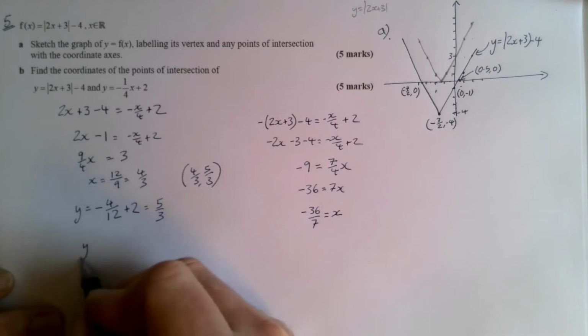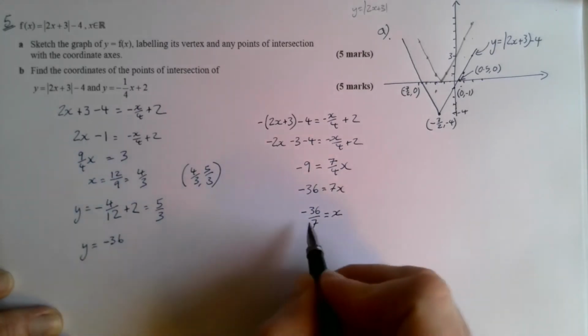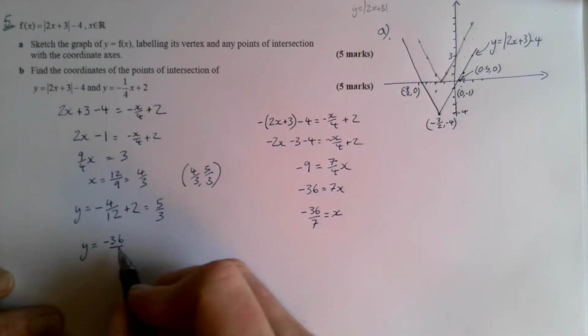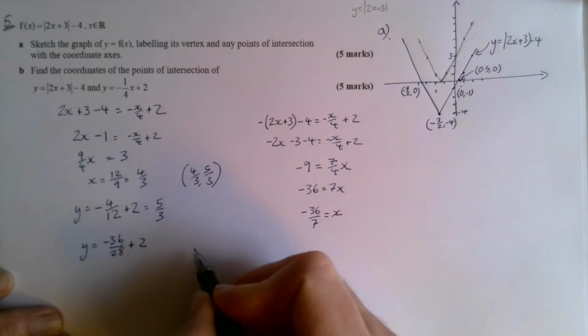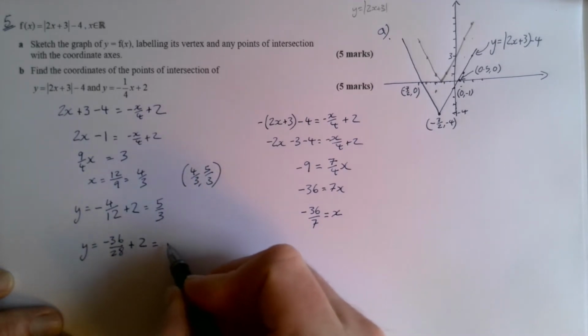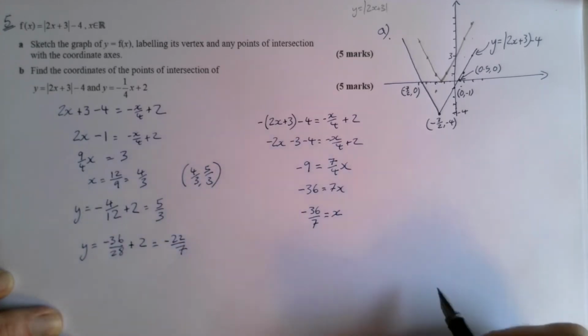In fact, I might do that over here. So y is going to be negative 36, but it's a quarter of it, isn't it? So a quarter means if we times the denominator by 4, 7 times 4 is 28, plus 2. Put that into your calculator, and that should give you, I think, negative 22 over 7.